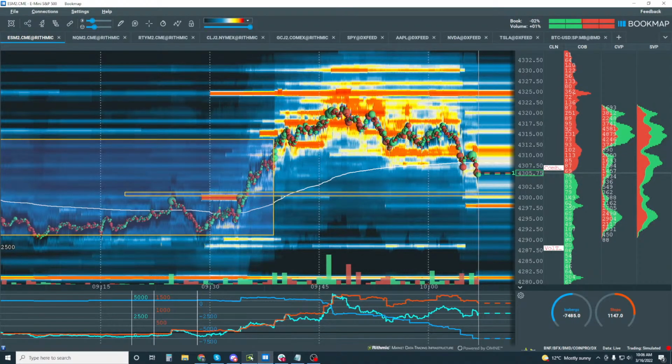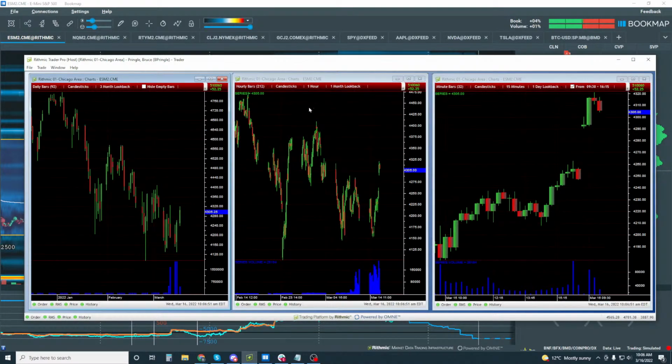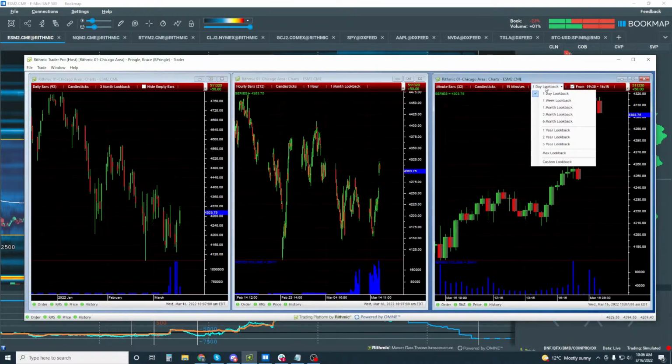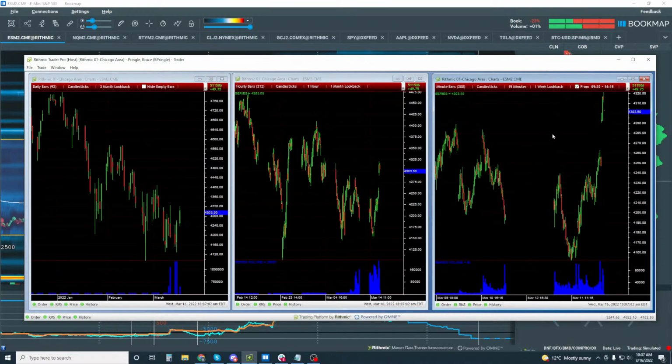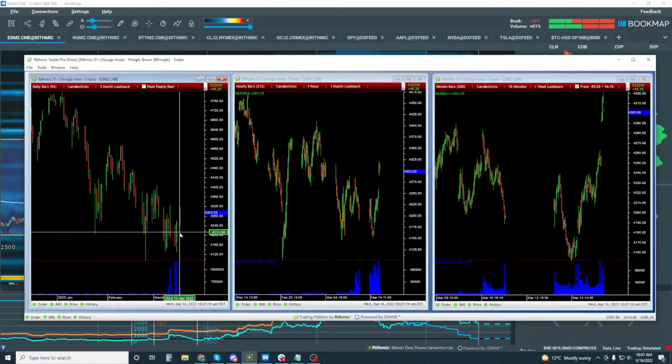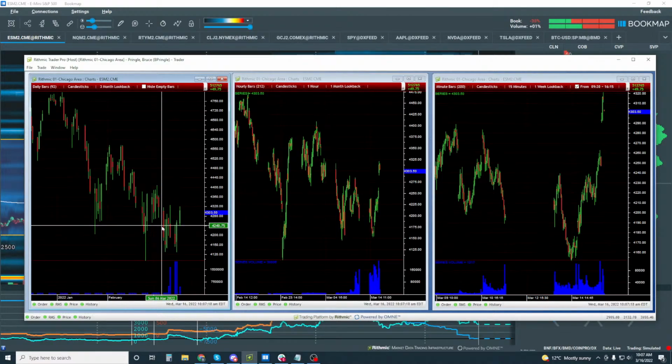Let's look at our bigger picture, our candlestick chart, our daily here on the left, and then in the middle we have the hourly, and then on the right we have a 15-minute chart here. Okay, so a recap of yesterday. I think it was a green candle on the daily, but it was down in this area here, and we noticed these wicks up in this area here.